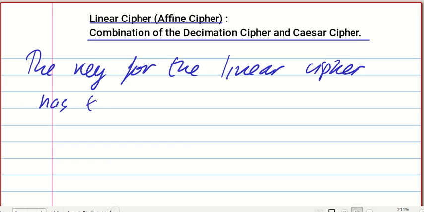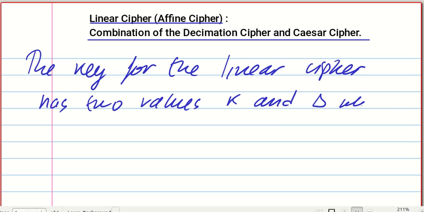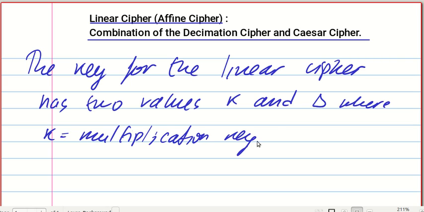It has two values, K and delta, where K is the multiplication key, and delta is the addition key.